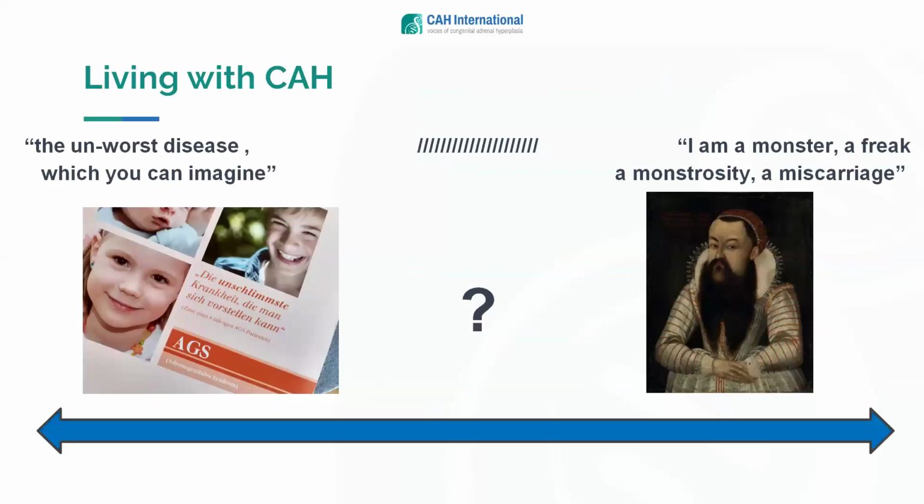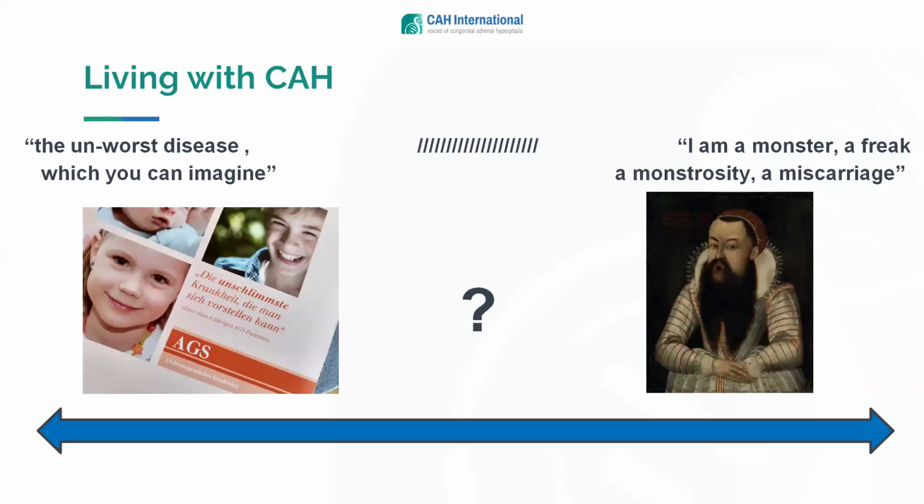And if I come back to the slide from the beginning, I did put a question mark in the middle between those two poles, those two extremes: the unworst disease versus, yes, I'm a miscarriage, like what this woman said.